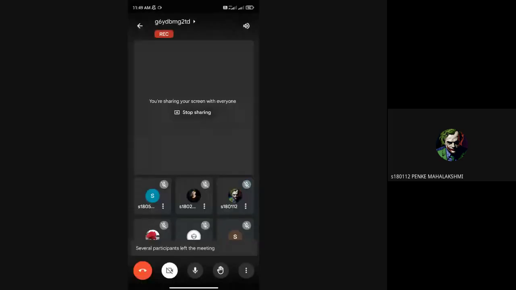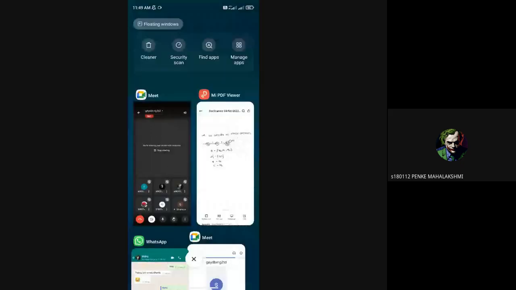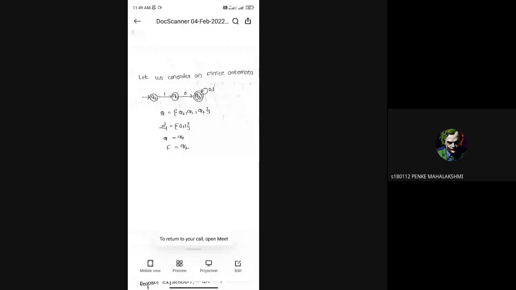And the next one is the construction of the regular expression. In this finite automata, the inputs are followed sequentially. That means the representation of the regular expression must go from the starting state to the final state. In this way, the obtained regular expression of the finite automata is 1 0 (1 plus 0) whole star.